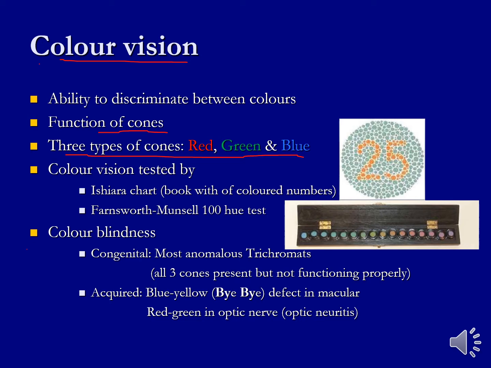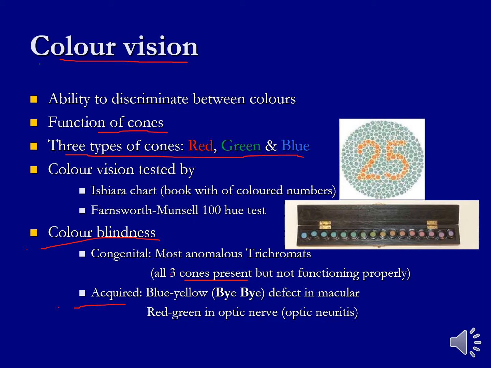Now the color vision defects. Color blindness is of 2 types, congenital and acquired. Congenital color blindness is mostly anomalous trichromacy, which means that all the three cones are present but they are not functioning properly. So congenital color blinds have all the three cones, but one or two types of cones are not functioning properly.